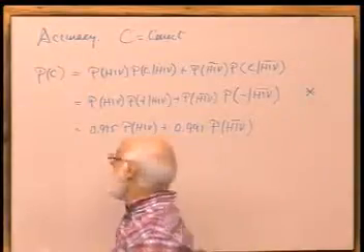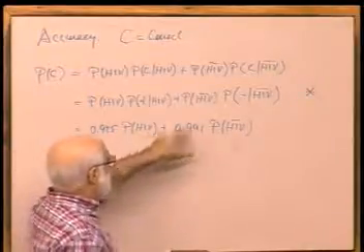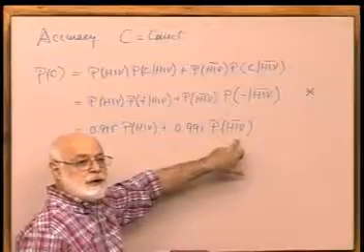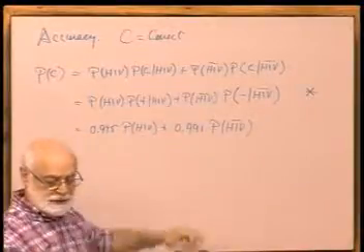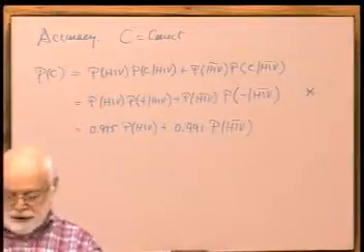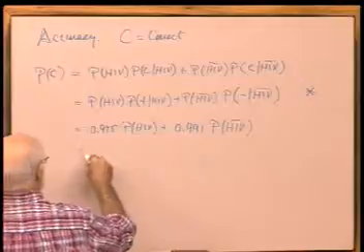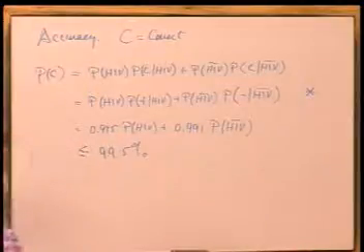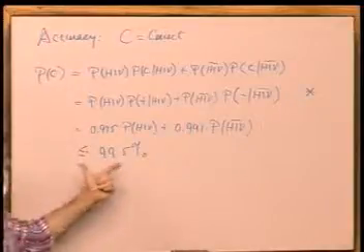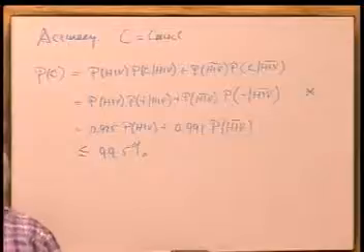I can figure out exactly what it is by simply plugging in the number 1 over 1,000 here and 999 over 1,000 here. But it's going to lie between 99.1 and 99.5. In other words, it's going to be less than or equal to 99.5. So the maximum accuracy of this test is 99.5%. But it's at least 99.1% accurate, so that sounds like it's pretty accurate.